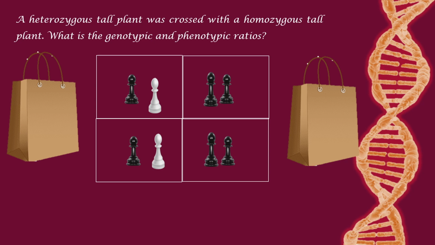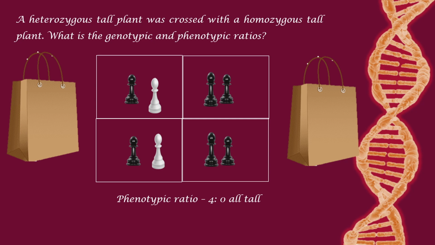And there are two plants with the same factors, which are capital T, black and black, right? So, if we see the phenotypic ratio, all the plants will be tall only. Why? Because when they are in heterozygous condition, only the dominant factor will exhibit its character to the out. So homozygous tall 2, heterozygous tall 2, but all are tall, right?